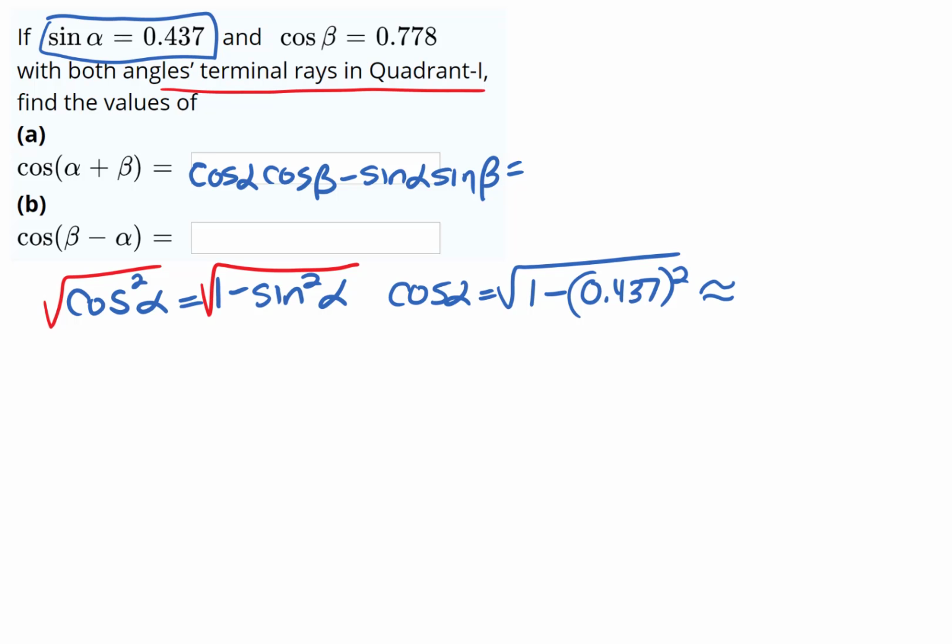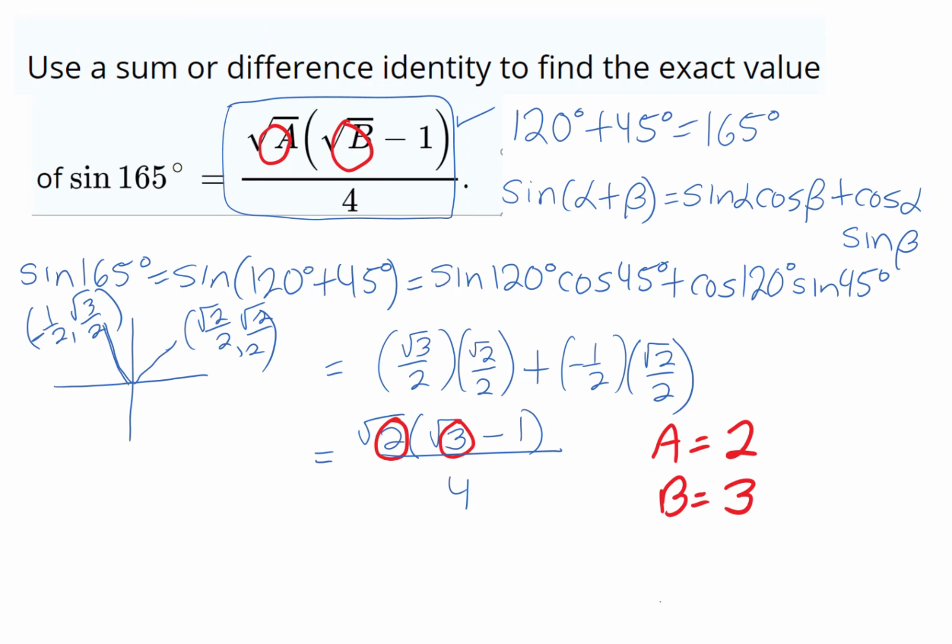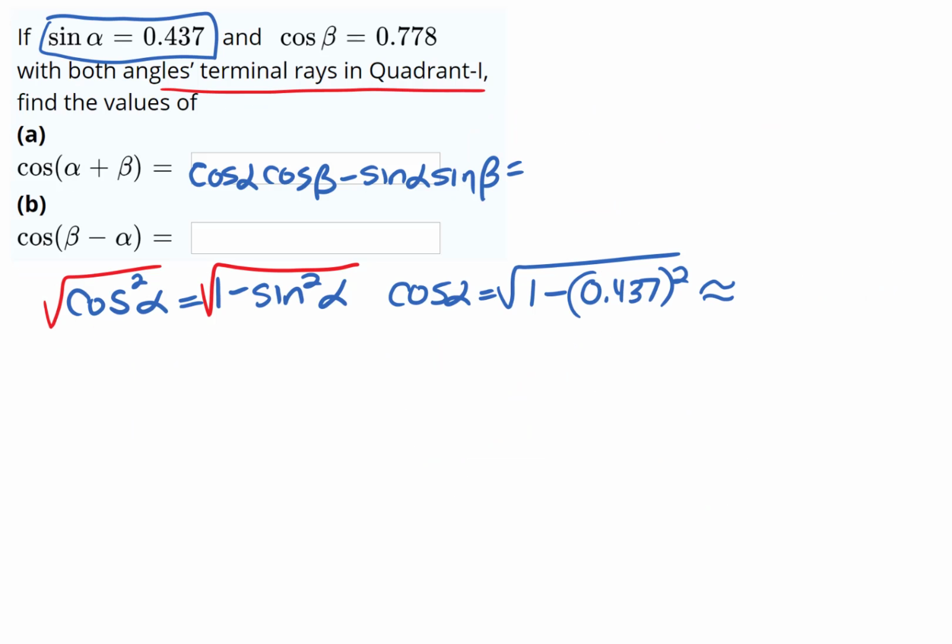So from the calculator, I get 0.8995, rounding in that 4th decimal place.